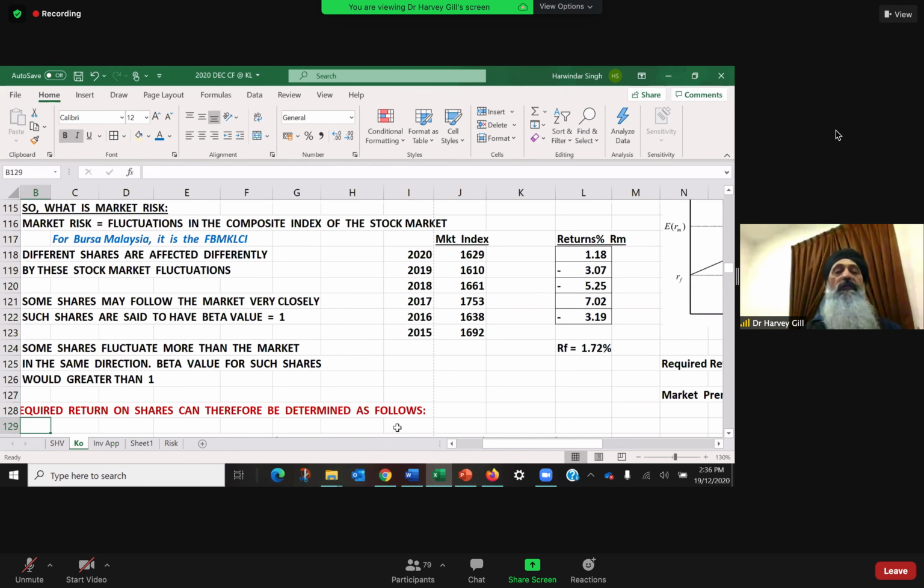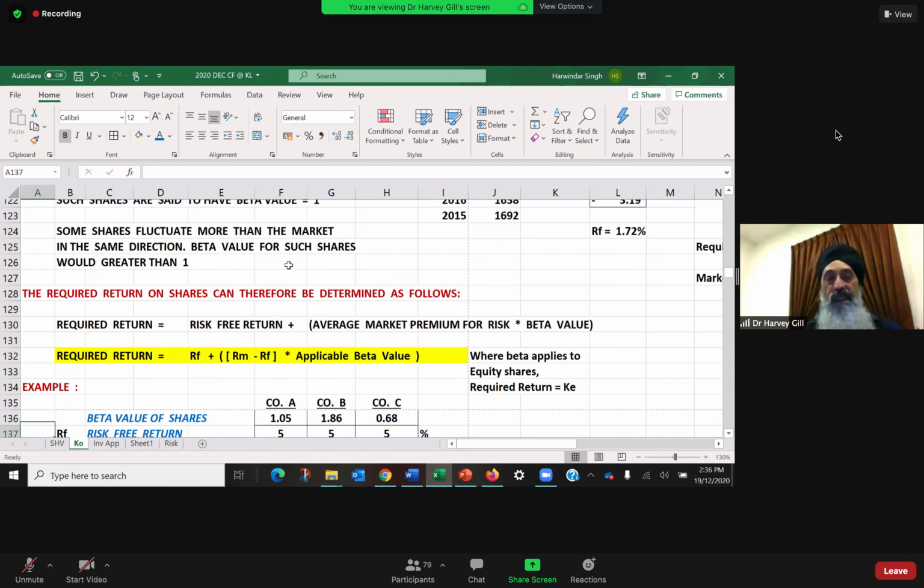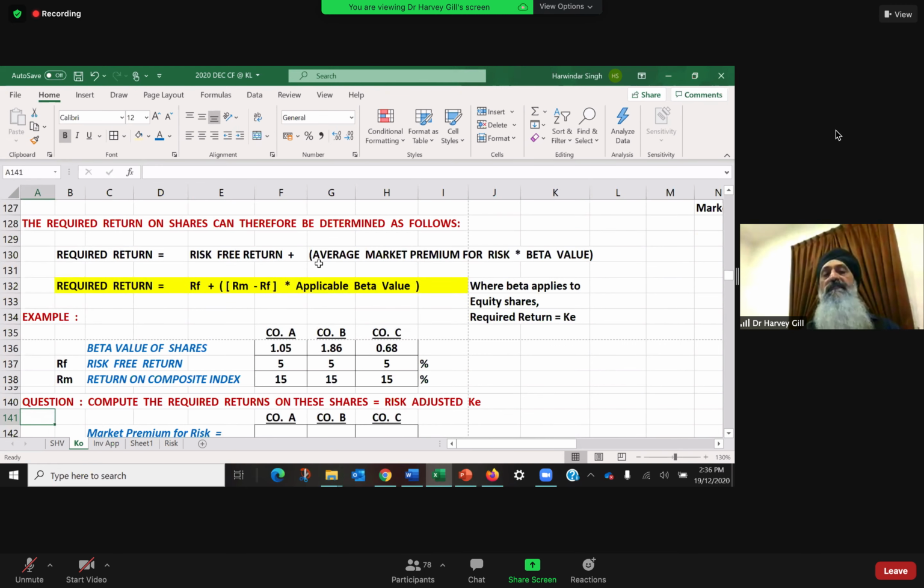Okay, so required return on shares can therefore be determined by the risk-free return plus the average market premium for risk multiplied by the beta value for this particular share. I just use the word beta value generally, but what we mean here is the equity beta.